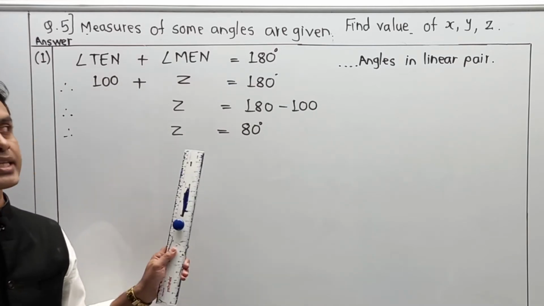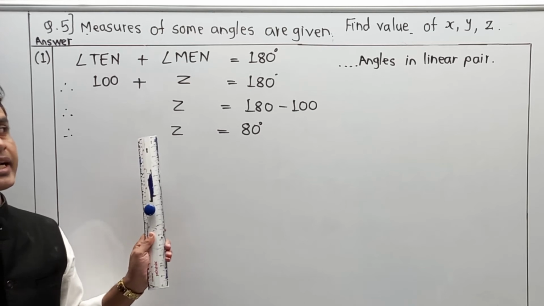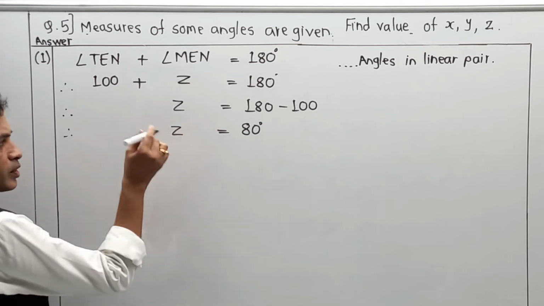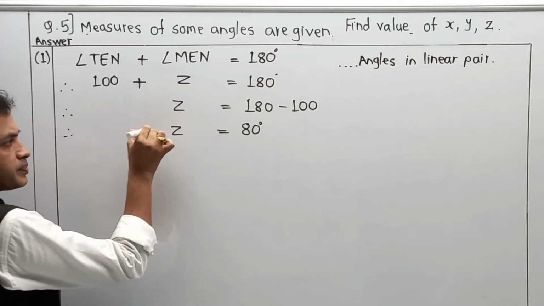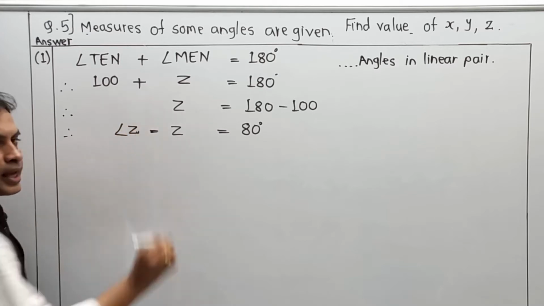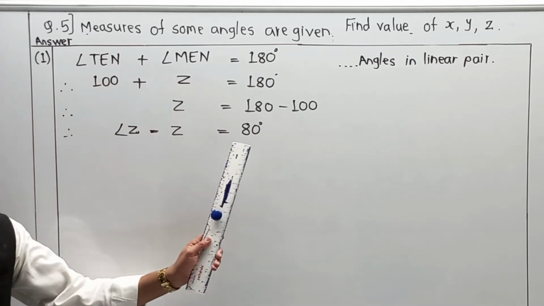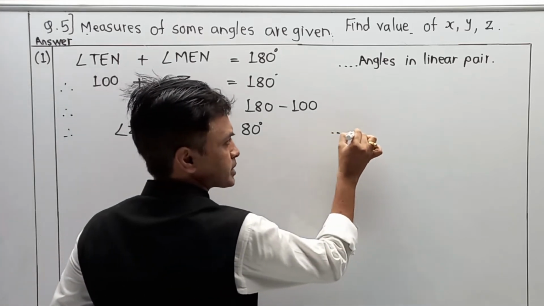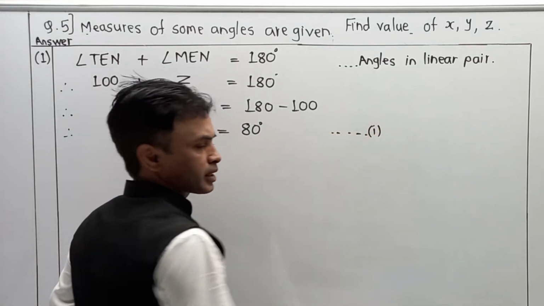You can call it Z, or angle Z, or angle MEN, whatever you want. This is your first answer, the value of angle Z. As it is one answer, I am going to call it equation number 1.